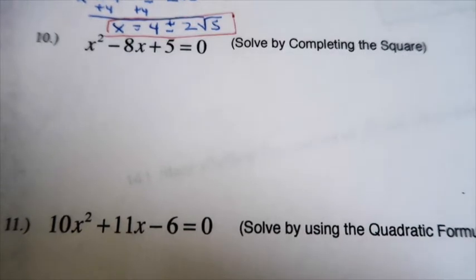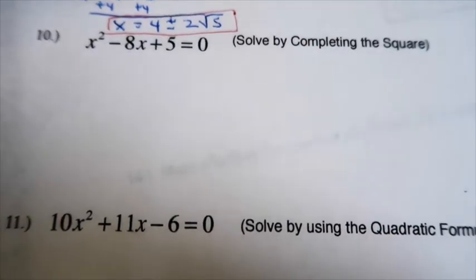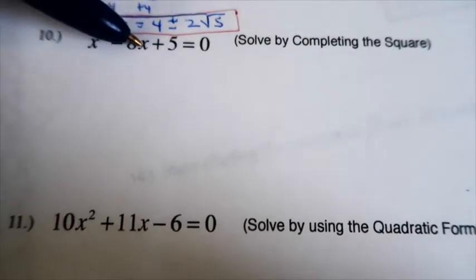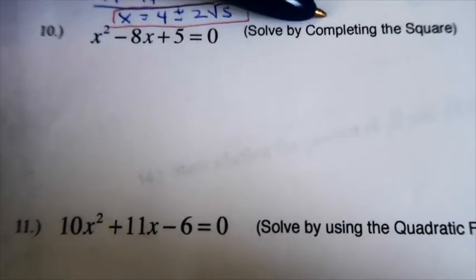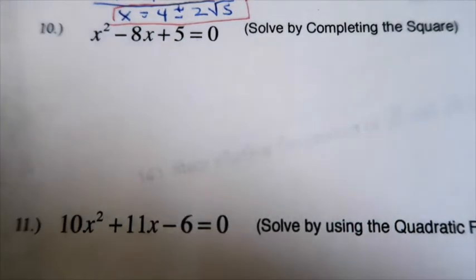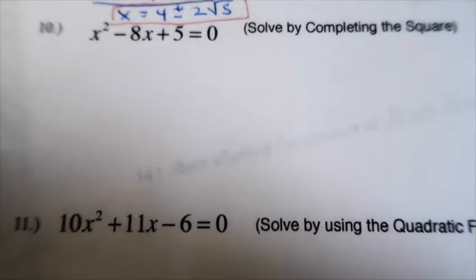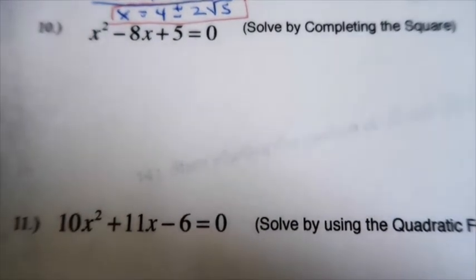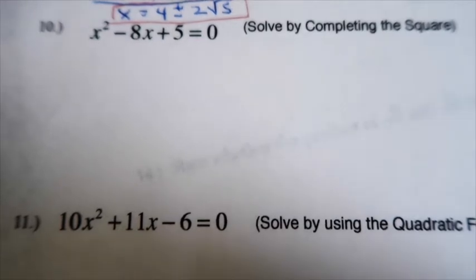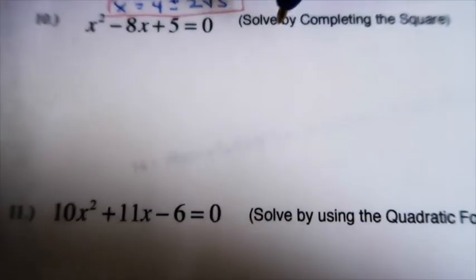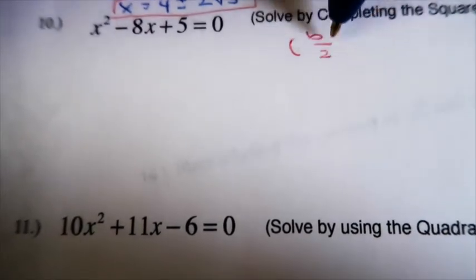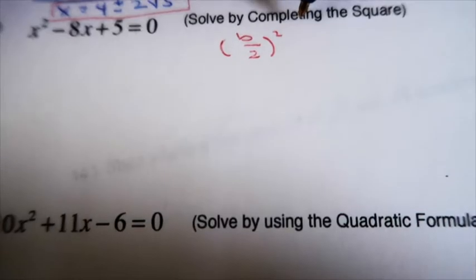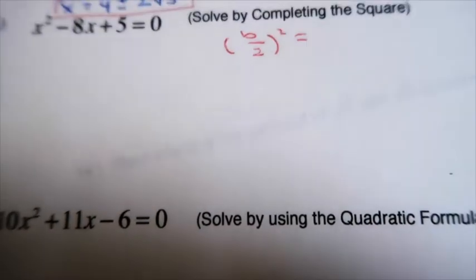Okay, number 10, we have x² − 8x + 5 = 0. And this one says solve by completing the square. So to complete the square, we have to find our (b/2)².